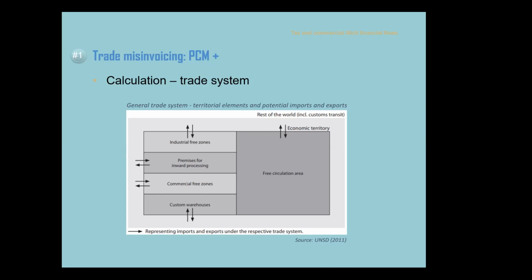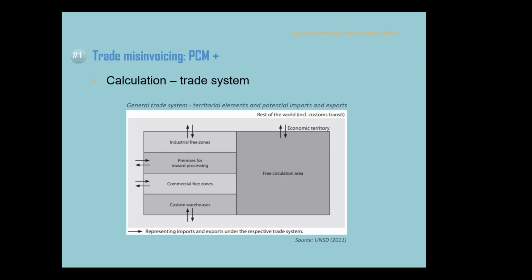So when we analyze the trade system, of course, first we have to know what the statistical territory of a country is. A statistical territory of a country is a territory with respect to which trade data are being compiled. So we have our mainland, let's say, but then sometimes we might have islands, territorial waters, industrial free zones, enclaves, and so on.